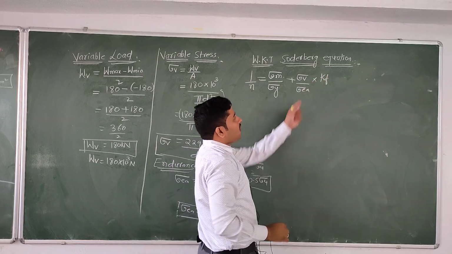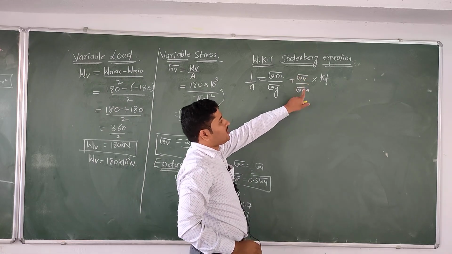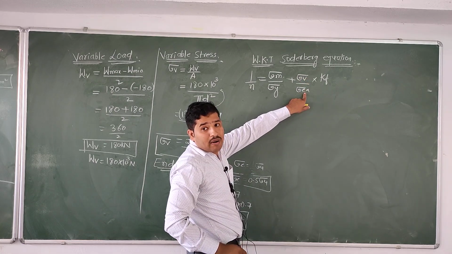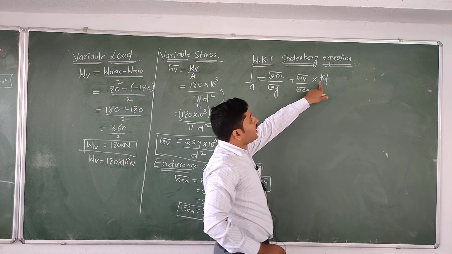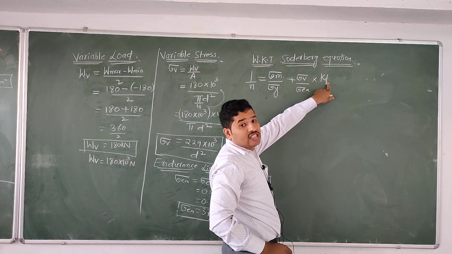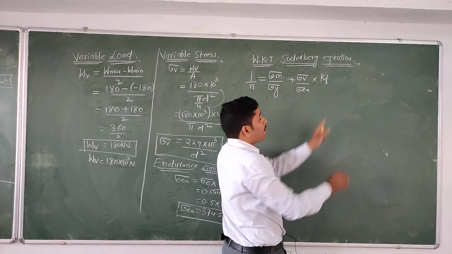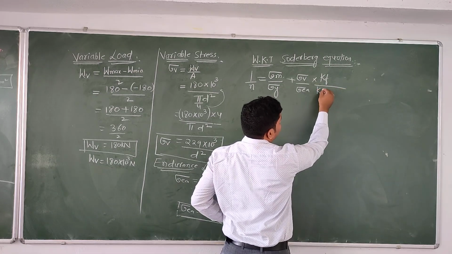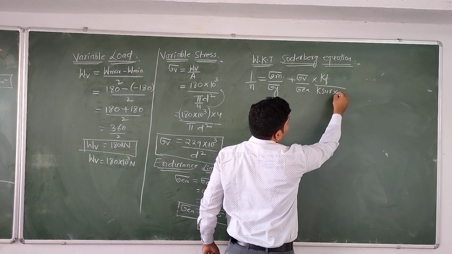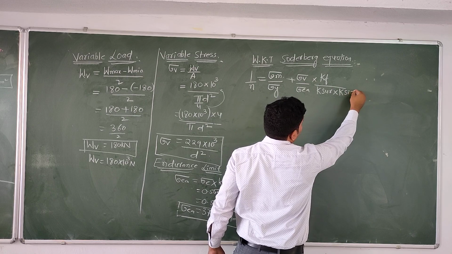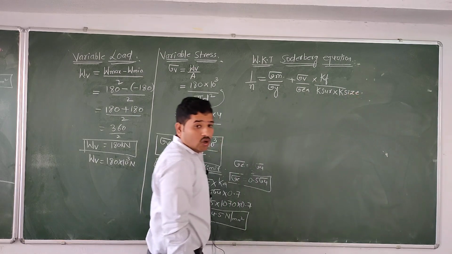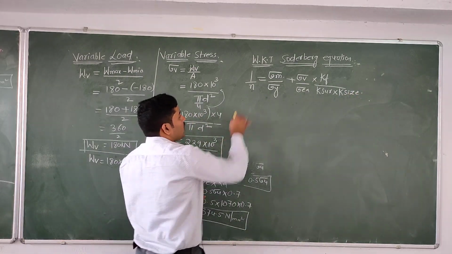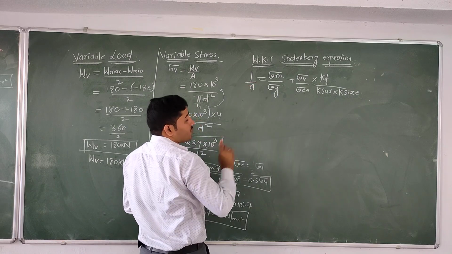Sigma v is nothing but the variable stress, sigma EA is the endurance limit, KF is the stress concentration factor, divided by the K surface finishing factor into the K size factor.